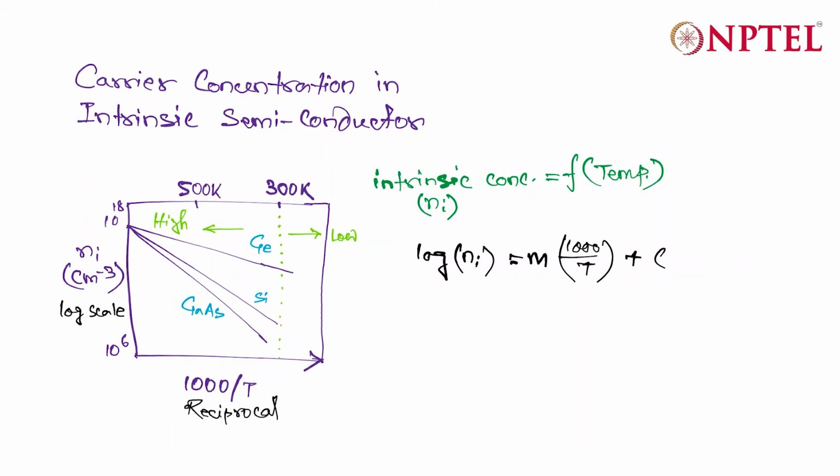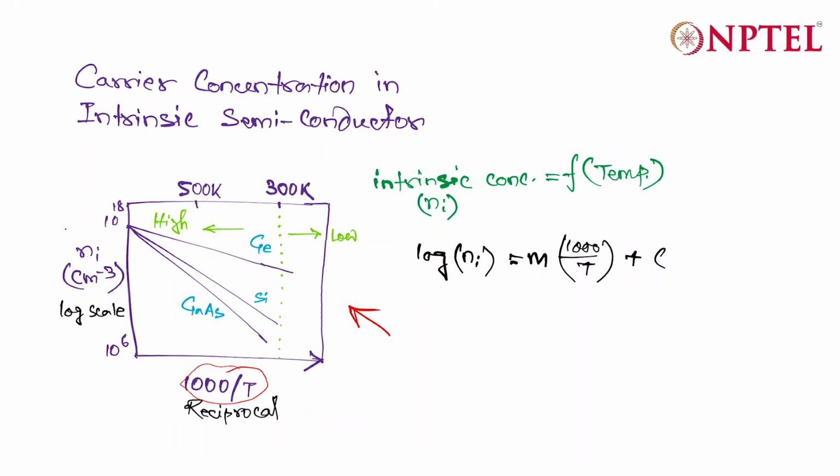Now let us see how carrier concentration in an intrinsic semiconductor changes with temperature. So this is a plot that is shown. You can see that the carrier concentration linearly changes with the reciprocal of temperature.